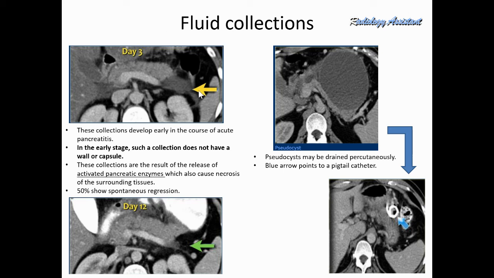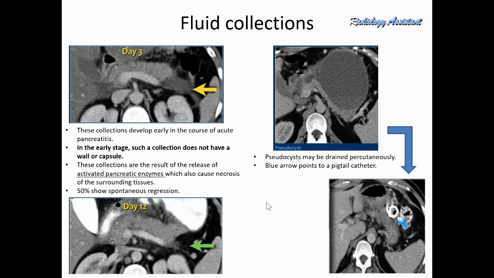You can see on the top left image, indicated by this yellow arrow, that there is this low density fluid collection. Again, we can measure the density and we will get a number between 0 and 10. And a couple days later, when the pancreatitis disappeared, then this fluid also regressed spontaneously.